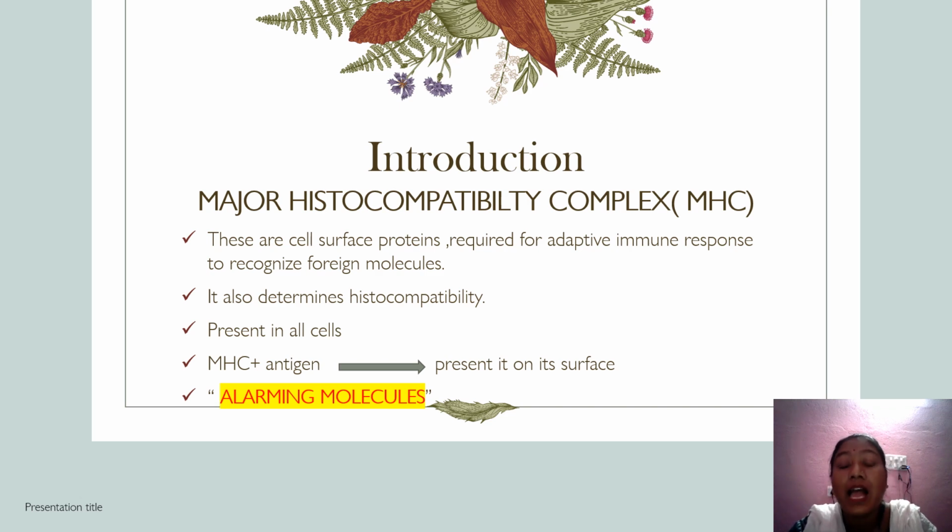So coming to the introduction, the MHC full form is major histocompatibility complex. Here is a term coming, histocompatibility.